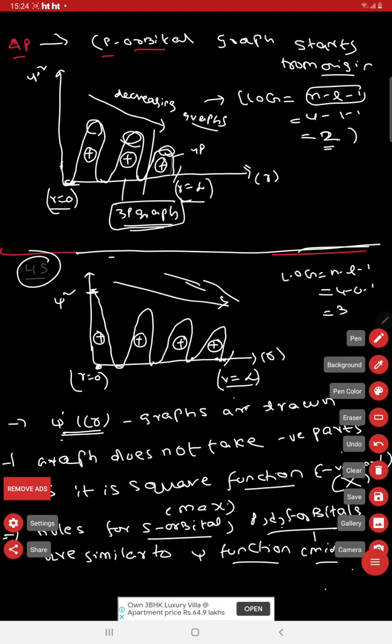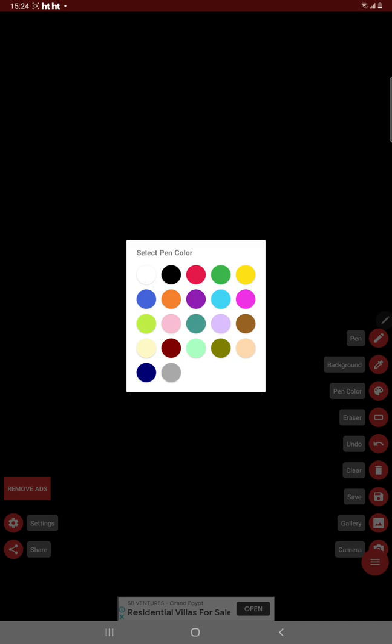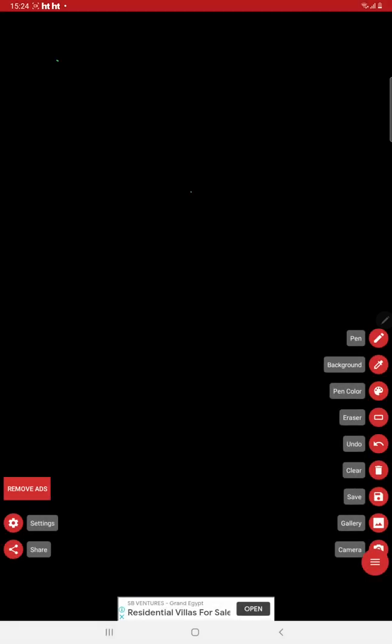The next graph I am going to draw is the probability density function.